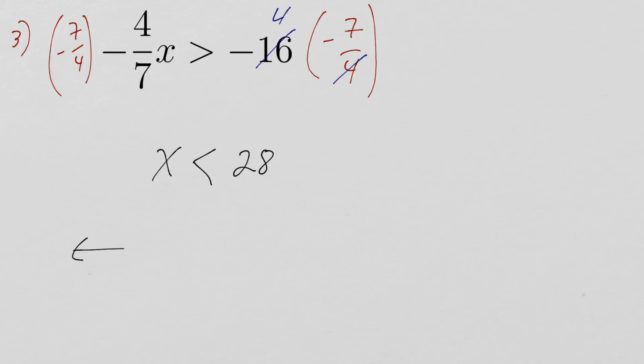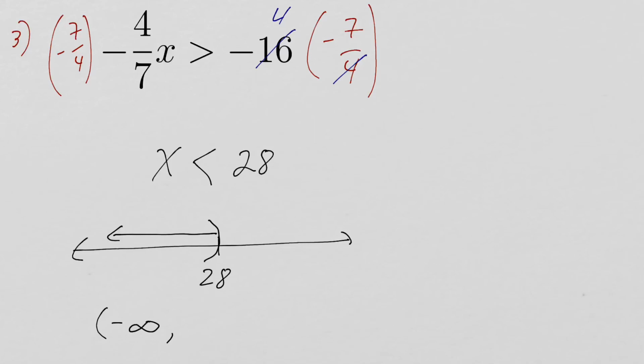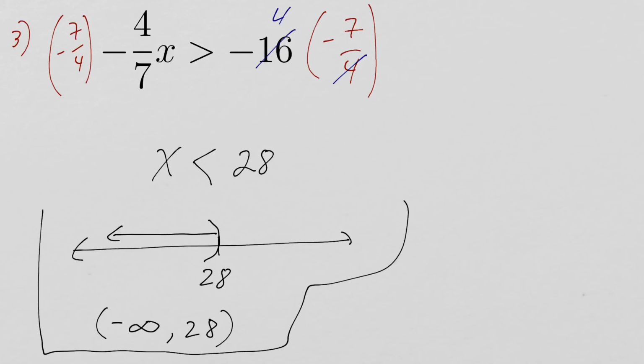So if I were to graph this, I'd pop a 28 right in the center there. It's less than, so I use a soft parentheses, and I'm going to the left. In interval notation, I'm going from negative infinity all the way up to 28 with a parentheses. So that's the graph and the interval notation.